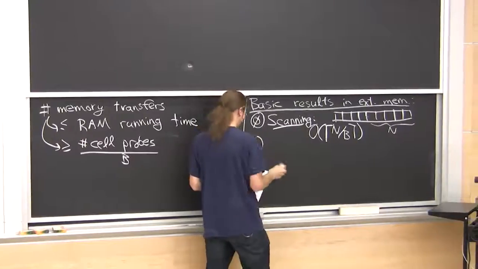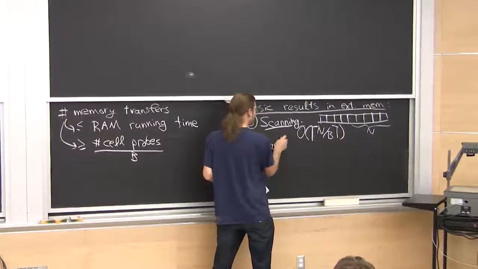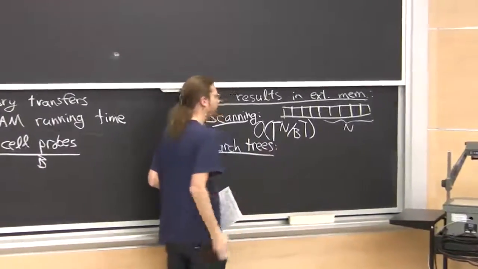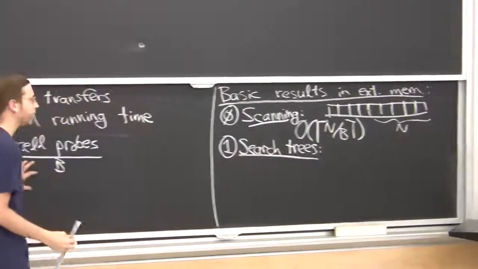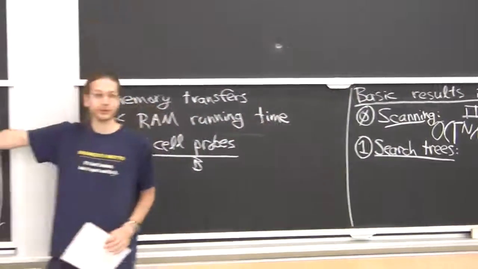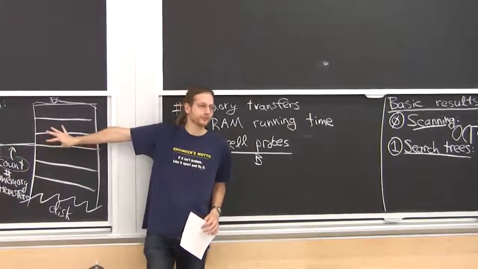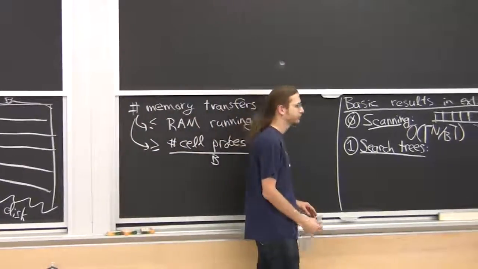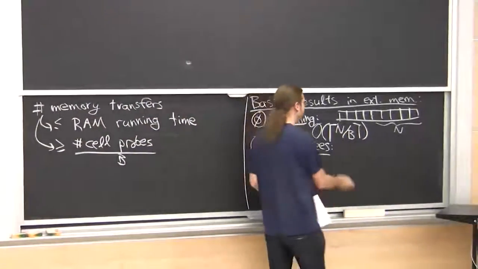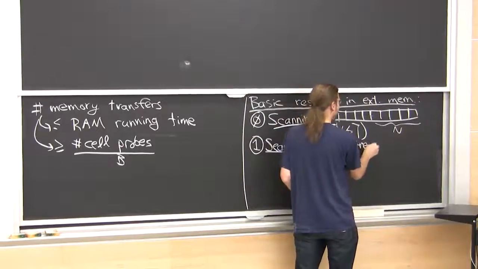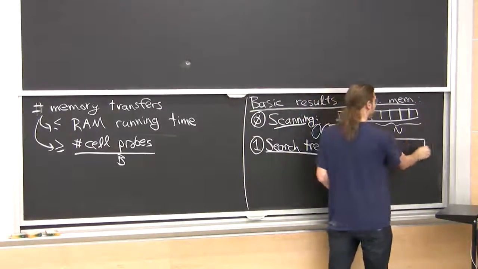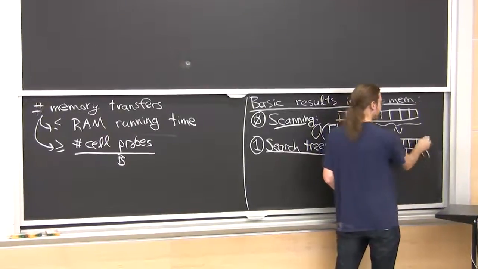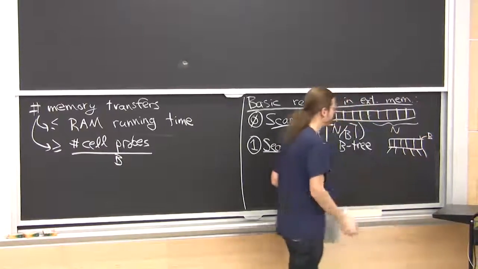Slightly more interesting, although not that much more interesting, is search trees. If you want to be able to search for an item in this external memory model, what do you do? B-trees. Conveniently named B-trees. We want the branching factor of a B-tree to be B. Anything that's theta B will do, but exactly B is great.